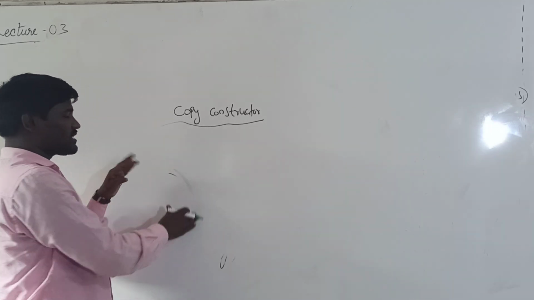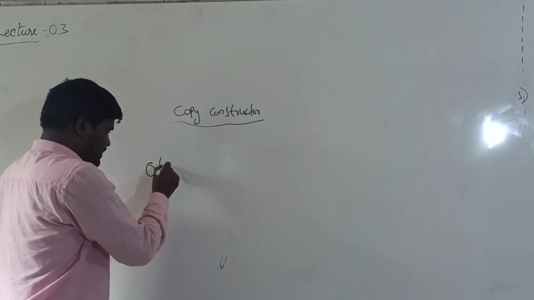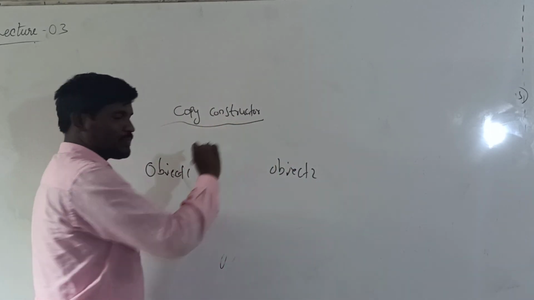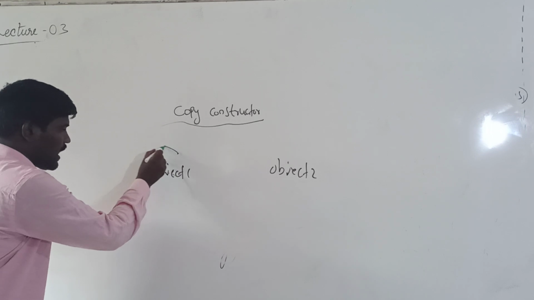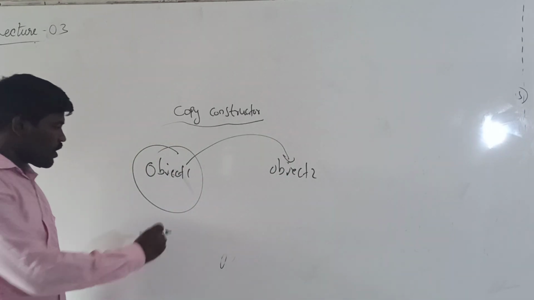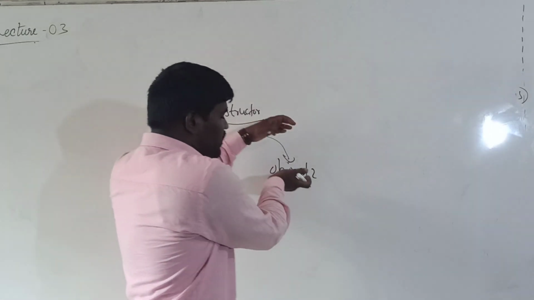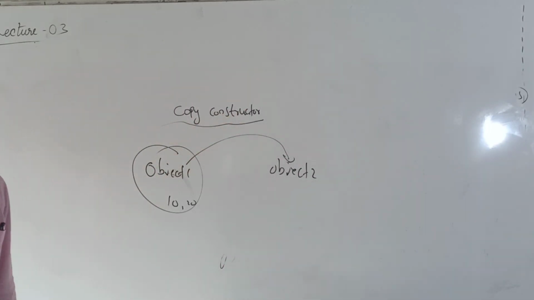It means another copy. Copy constructor means here object 1 is there, here object 2 is there. So copy constructor is used to copy the values of one object to another object. Here object 1 consists of 20 and 20, so these values are copied into another object. That is nothing but the copy constructor.